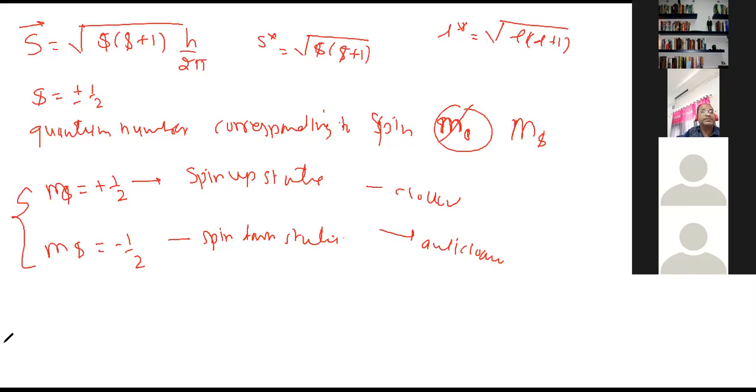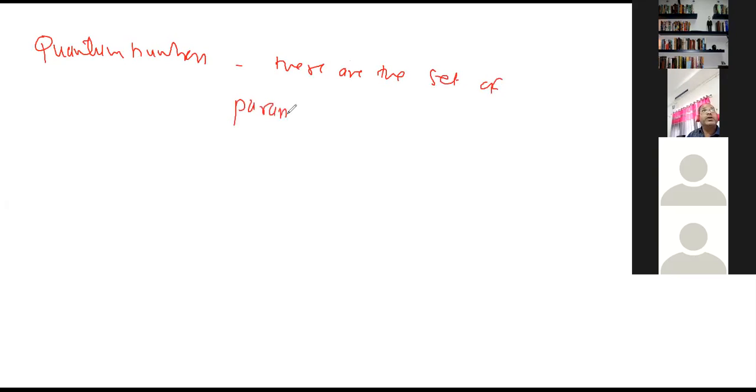What are quantum numbers? Write down somewhere, quantum numbers. These are the set of parameters which decides the state of electron.